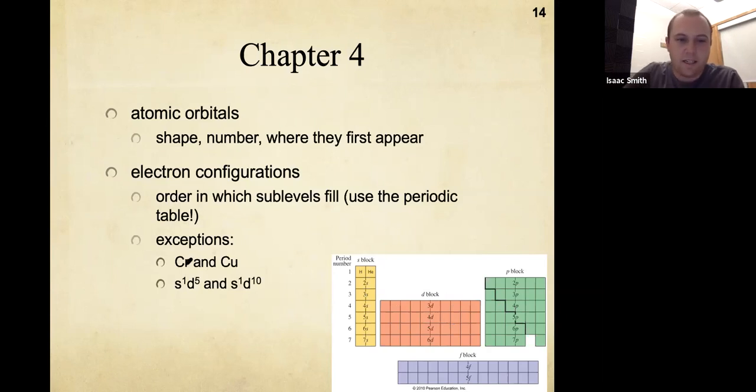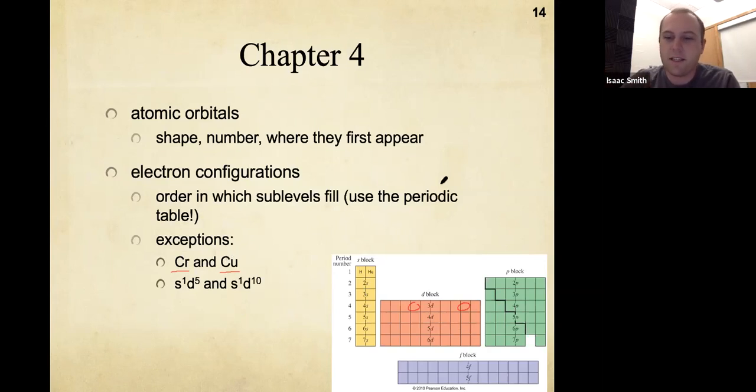And then again, there are multiple exceptions, and your homework may have had some that I don't really care if you know off the top of your head. Just know chromium and copper. Those are here and here, and those are where you'll see two exceptions. There are other exceptions as you go down the periodic table, but these are the only two that I really care that you know as far as the exceptions go.